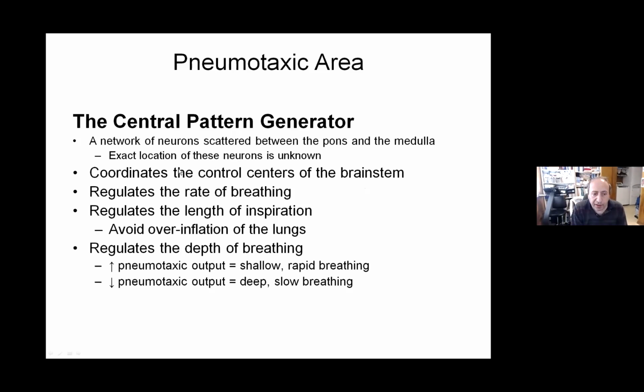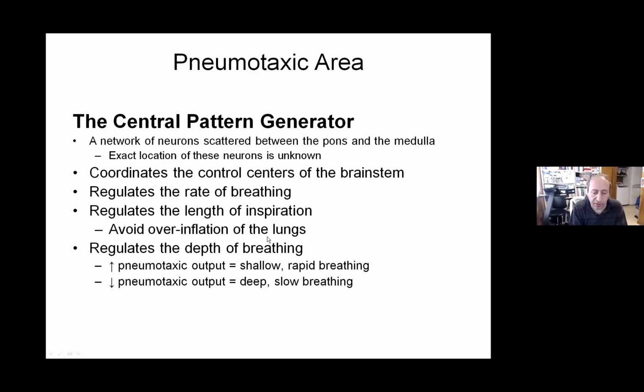So the pneumotaxic area coordinates the control center of the brainstem, regulates the rate of breathing, regulates the length of inspiration, and avoids overinflation of the lung. Which means, let's say we breathe in at a certain depth, then the neurons will fire to stop the cycle of inhalation and go into exhalation.